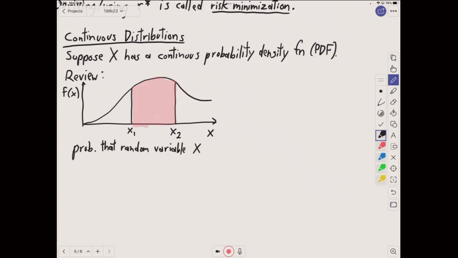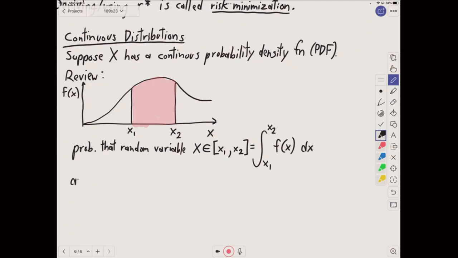So again, we have a random variable, capital X. We're asking what is the probability that it will fall somewhere between x1 and x2? Well, that's the integral from x1 to x2 of the PDF. That's what that shaded pink area represents.